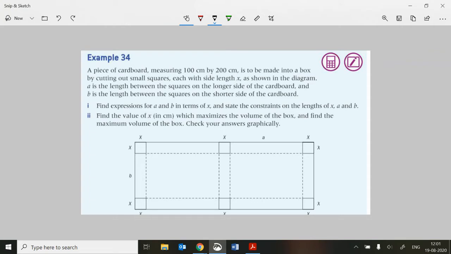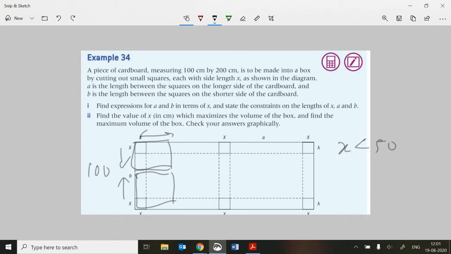Well, we could enlarge this x, this box here, until we get to the point that there's nothing left of b. So we can say that the side length here is 100. So x has to be less than 50 there. It has to be less than 100 divided by 2.